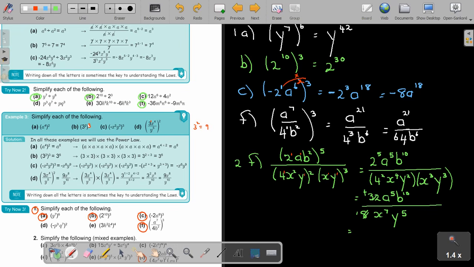So my final answer is going to be, I just want to quickly check something, 4 to the power of 2 is 4 times 4, sorry, I just want to correct that, and that will be 16.